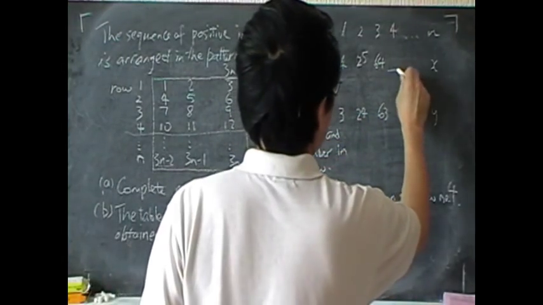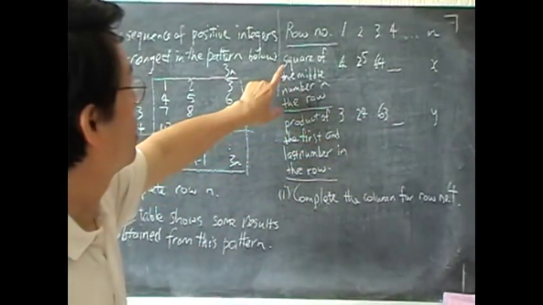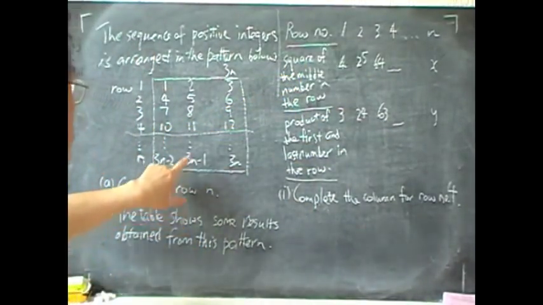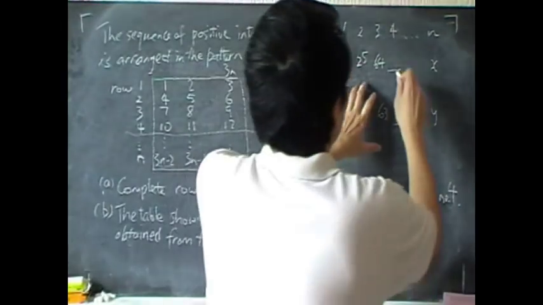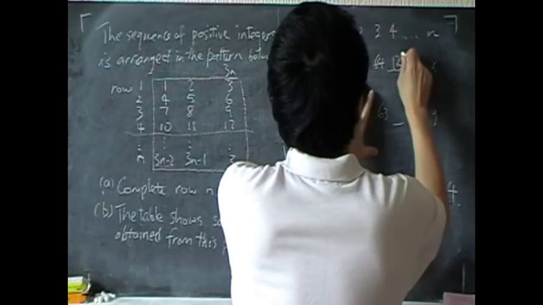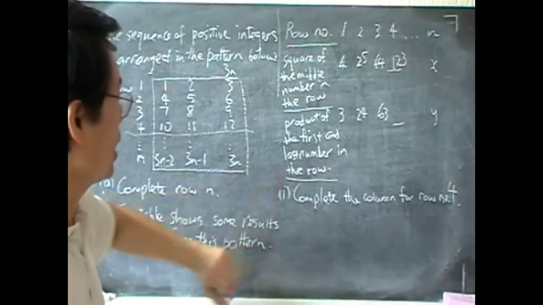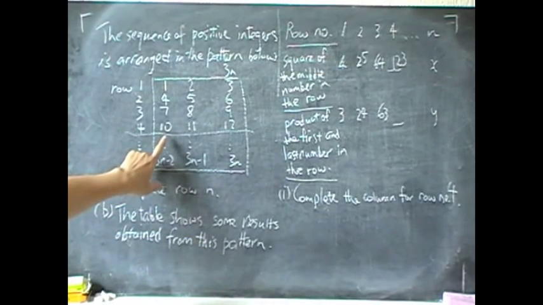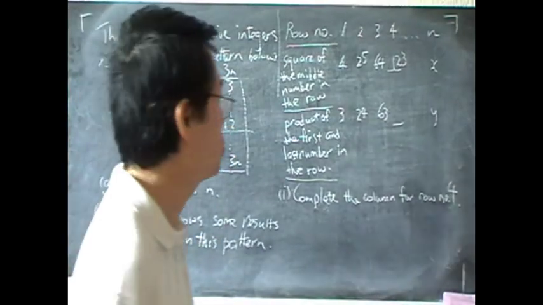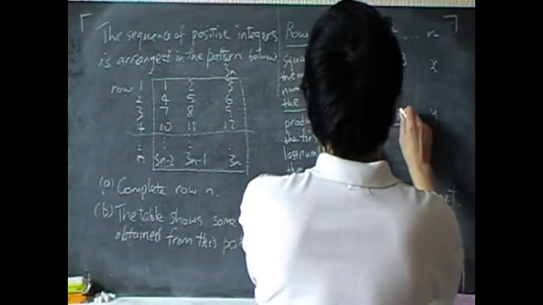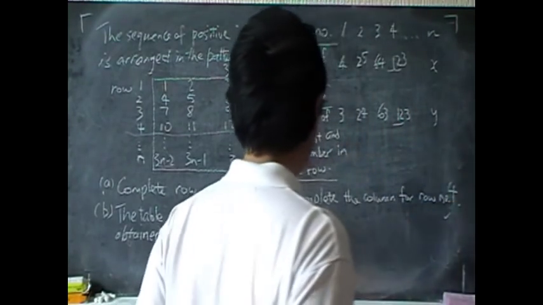We must fill in a number there and a number there. And the number here is the square of the middle number in the row, which is the square of 11. And that's 1, 2, 3. 123. Product of the first and last number. Product of 10 and 12. 120. So we have done this part.